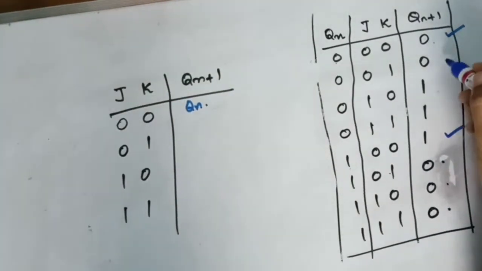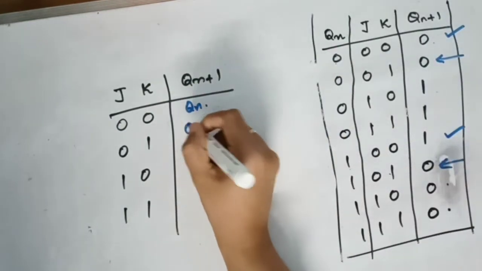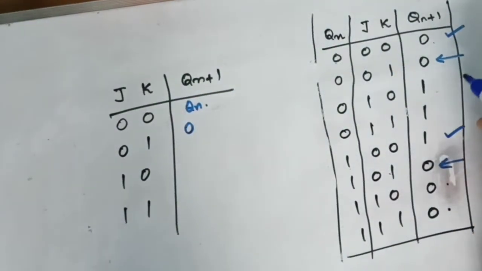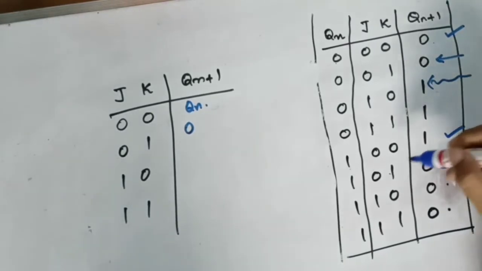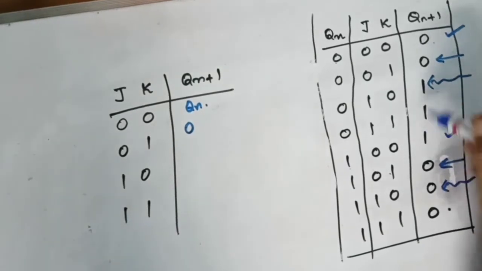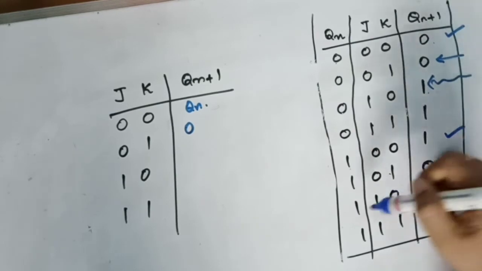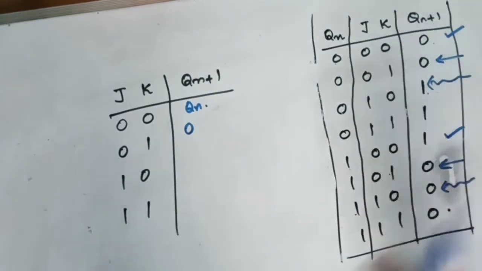0, 1, this and this. So that is 0 always at the output. 1, 0 is this and this. So that you can see that if Qn is 0, Qn plus 1 is 1, Qn is 1, Qn plus 1 is 0.